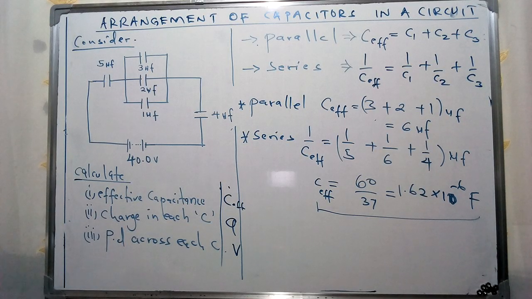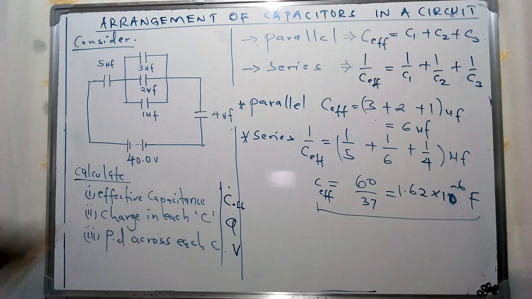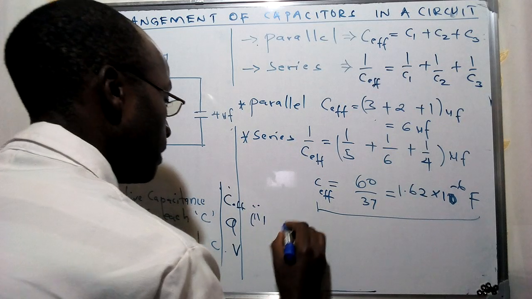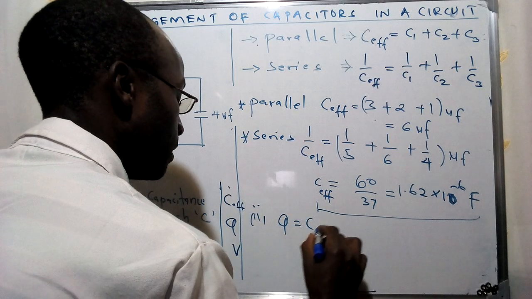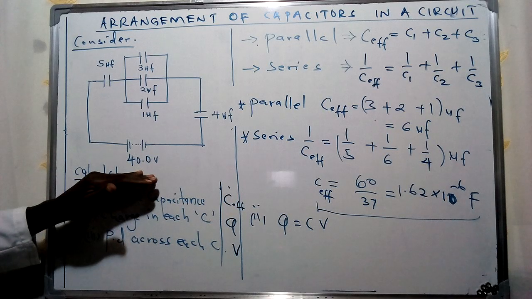So if we consider the charge stored by these specific capacitors, then this is going to be option 2. We said that charge is equivalent to capacitance times the voltage. So in this case, we have been given the voltage as 40 volts.